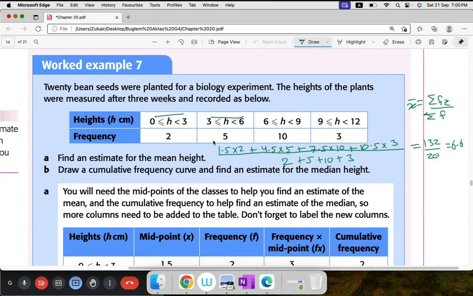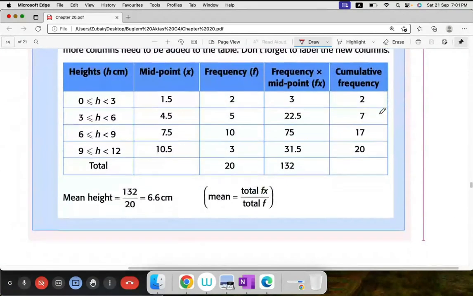The cumulative frequency would be 2, then 2 plus 5 is 7, then 17, and 17 plus 3 is 20. So 3 against 2, 6 against 7, 9 against 17, and 12 against 20.